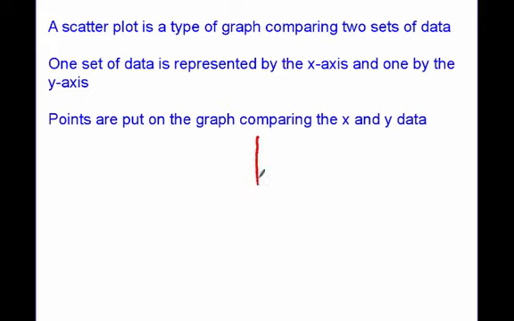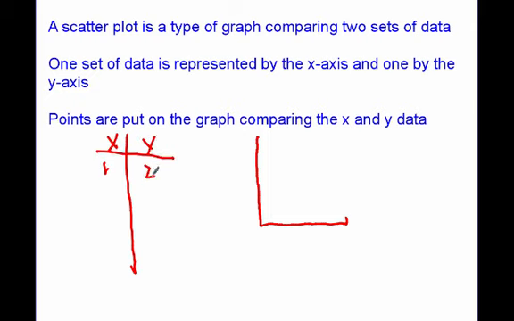So, in case you forgot what exactly that means, let's say I gave you a table, and I said, here's my x data, here's my y data. Let's just say this is 1, 2, 2, 3, and 3, 4. Well, my scatter plot is simply plotting those pieces of data.